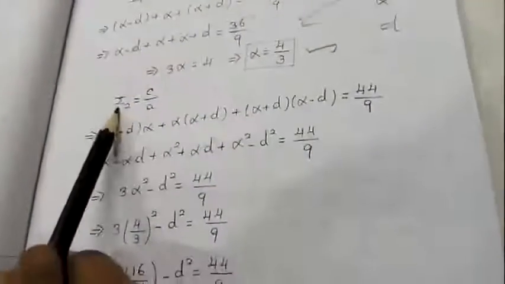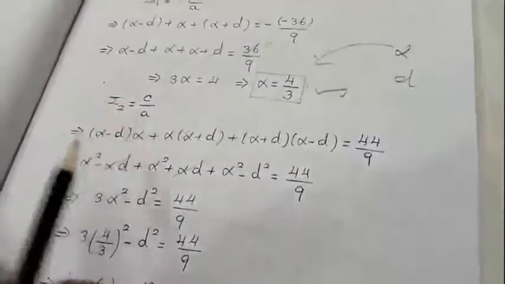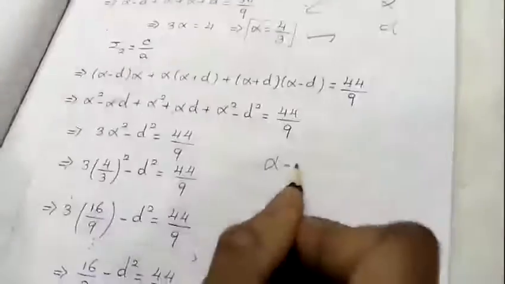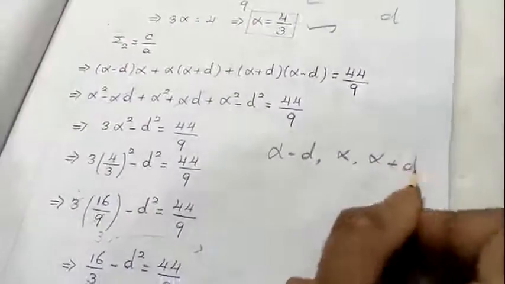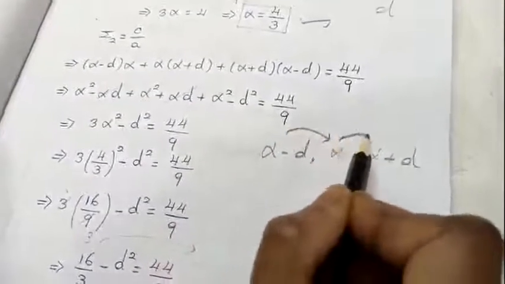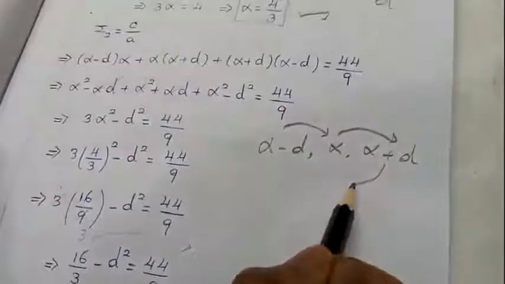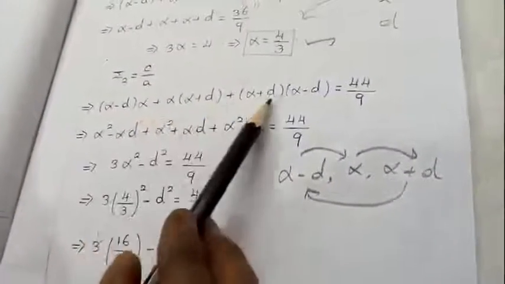Coming to summation 2 equals C by A. What is the meaning of summation 2? I am going to pair the roots: alpha minus d into alpha, alpha into alpha plus d, alpha plus d into alpha minus d. That is the way I have written here.